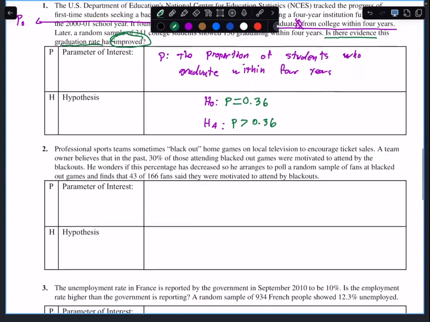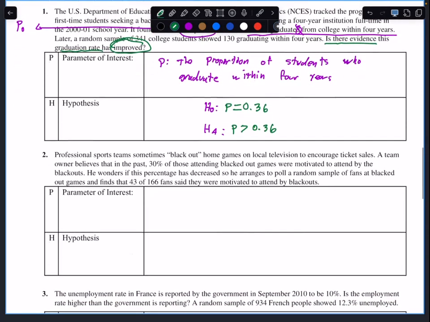Let's try the second one because I know we don't have a lot of time. Professional sports teams sometimes black out home games on local television to encourage ticket sales. A team owner believes that in the past, 30% of those attending blacked out games were motivated to attend by blackouts. 30%, there's my p0. That's what's believed, the claim. He wonders if this percentage has decreased.